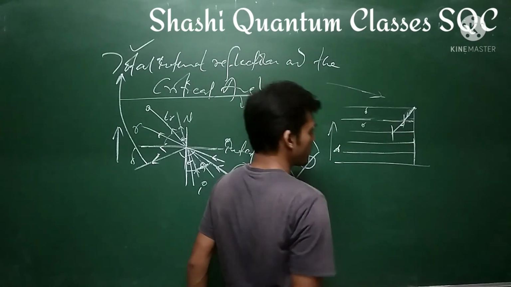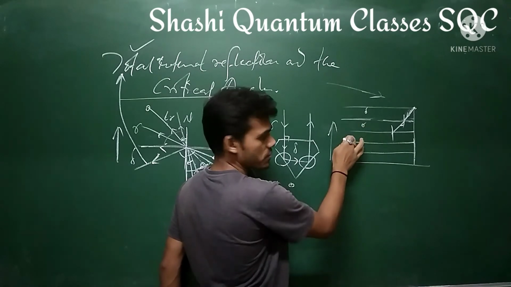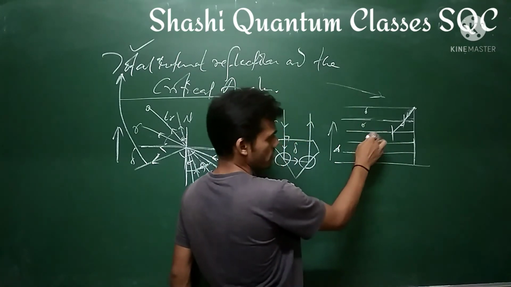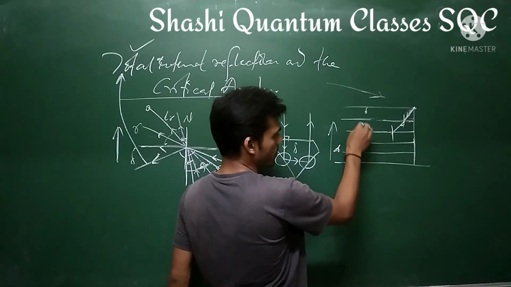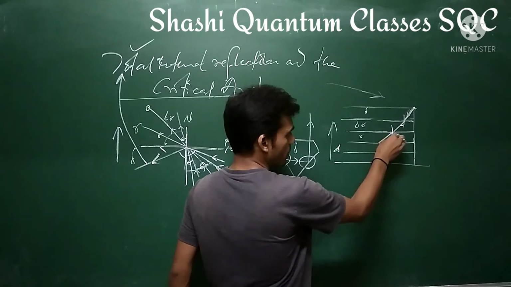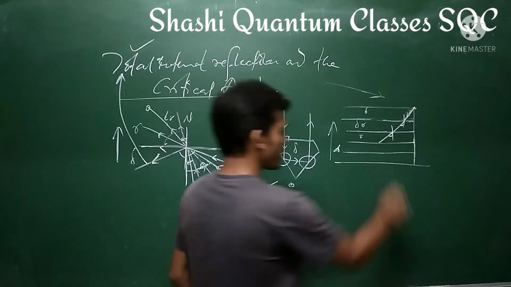When it comes here, so for these two mediums, this is the interface, and for this interface, this is the rarer medium and this becomes the denser medium. So it will again go away from the normal.